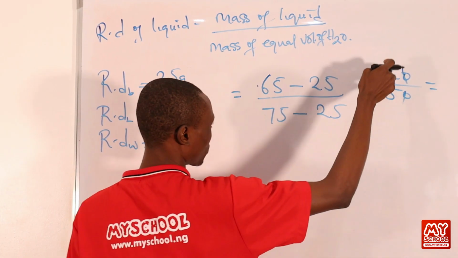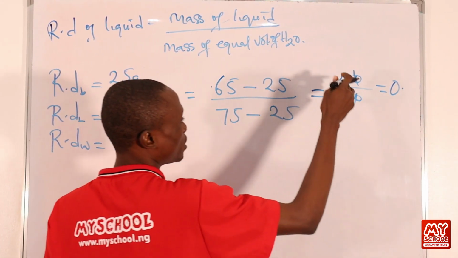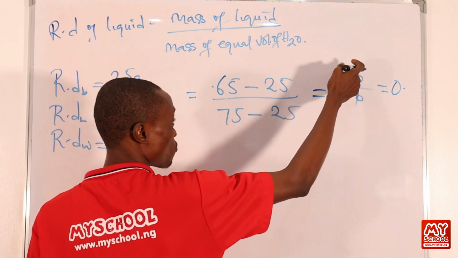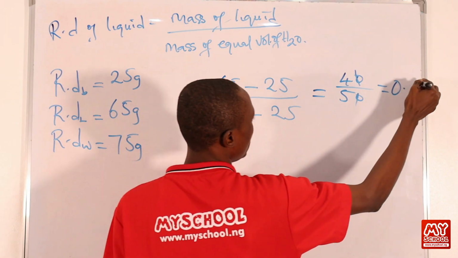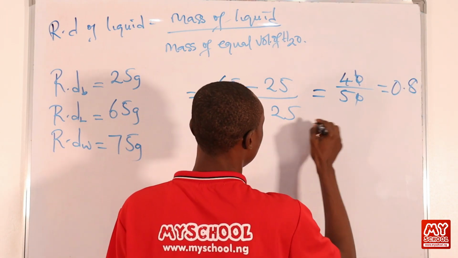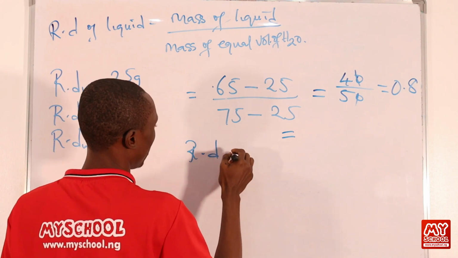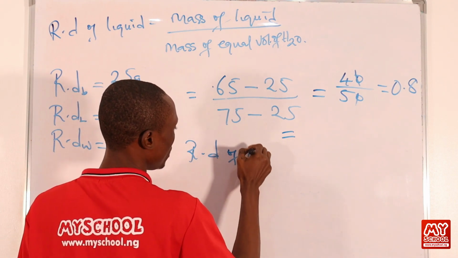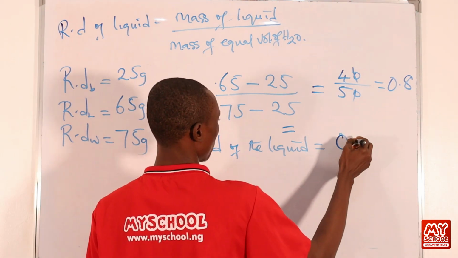So we cancel the 0. 5 into 4 is 0, then put a point in front of the 4 so that the 4 becomes 40. So 5 into 40 will be 8. In this case, the relative density of the liquid is equal to 0.8.